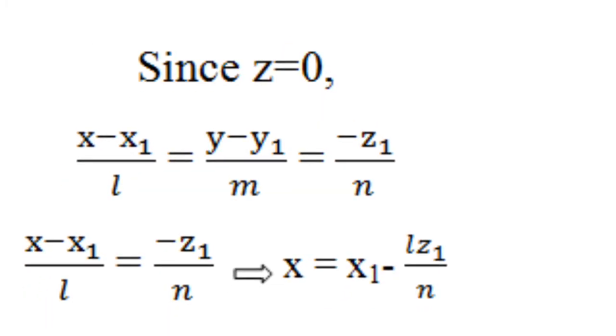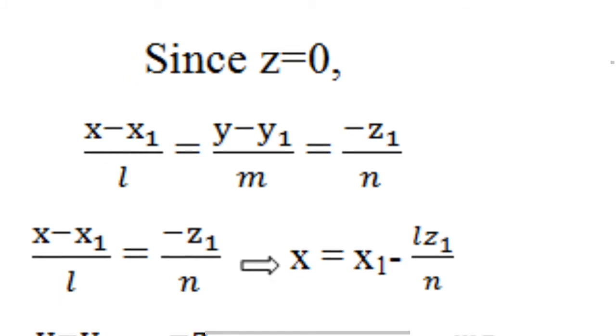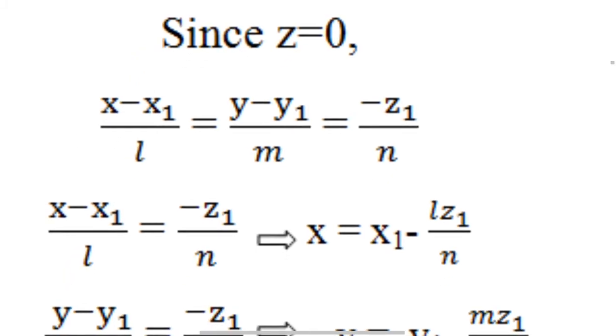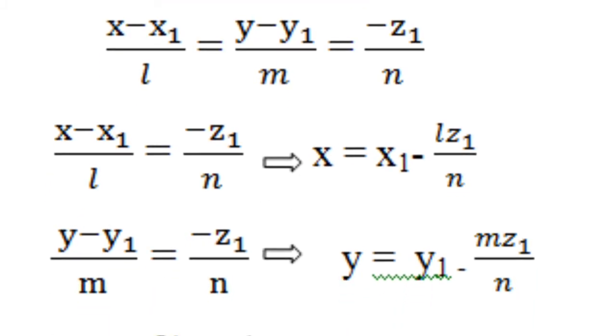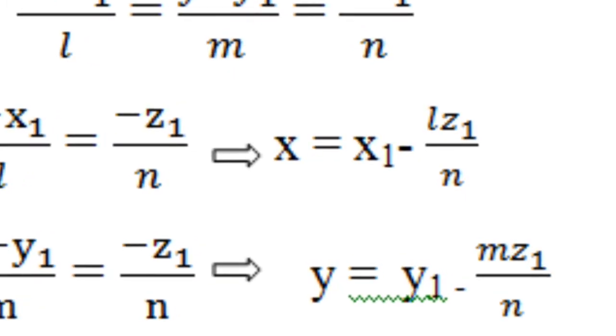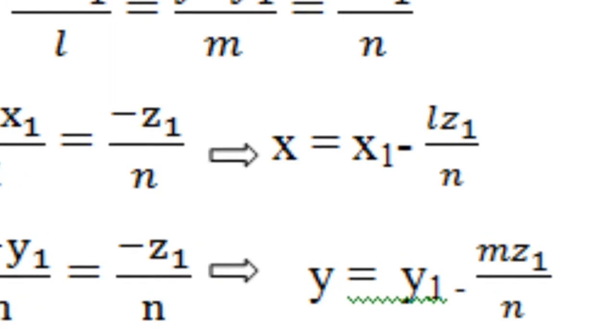Similarly, take the second and third expressions: y minus y1 by m equal to minus z1 by n. From this we can write, similarly, y equal to y1 minus m z1 by n. Now we have got x and y. The guiding curve is f of x y equal to 0, z equal to 0, and z equal to 0 is already substituted.